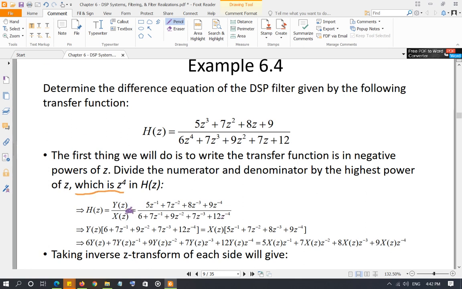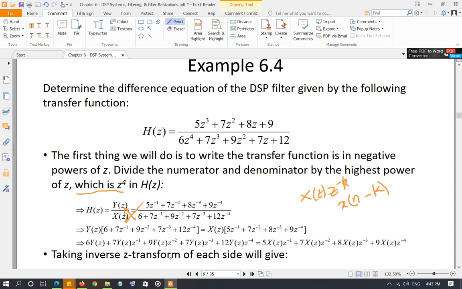And then you perform the cross multiplication. This goes here and this goes here. So you're going to write that. And then we know that when you're taking the z transform, anytime you have x of z times z to the power negative k, and all the initial conditions are 0, that is x of n minus k.